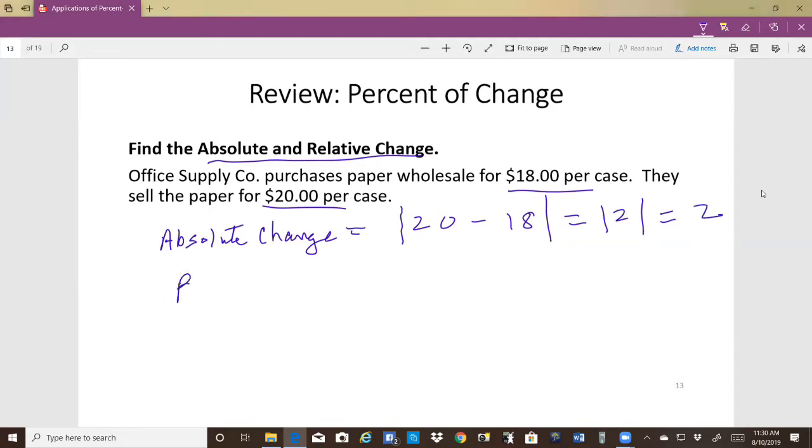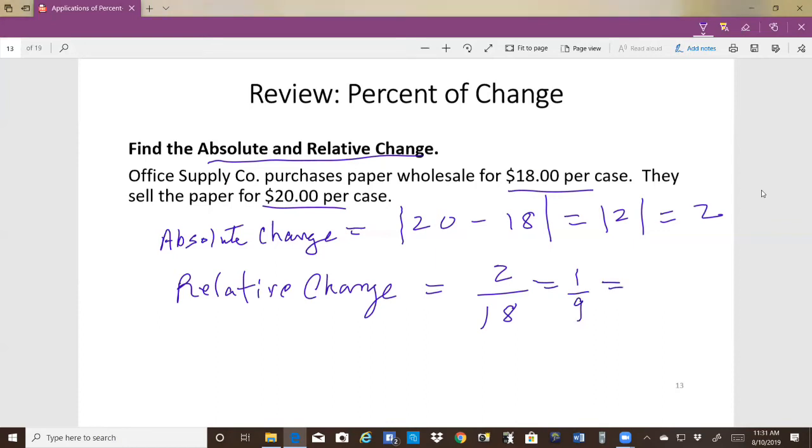The relative change is the absolute value of change, which is 2, divided by the starting point, which is 18, which is 1/9.